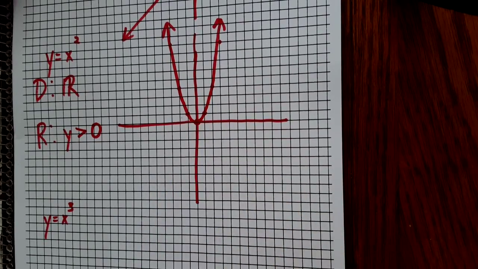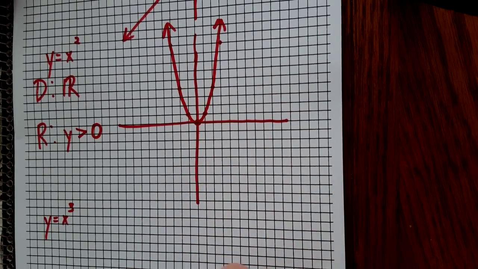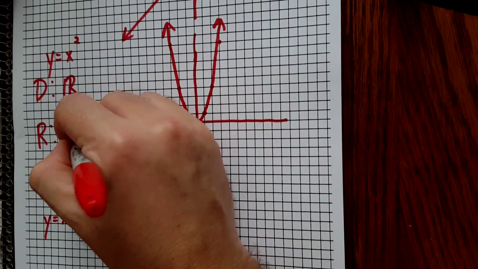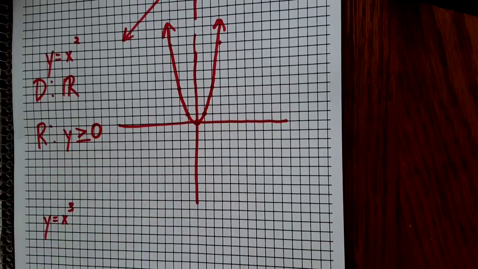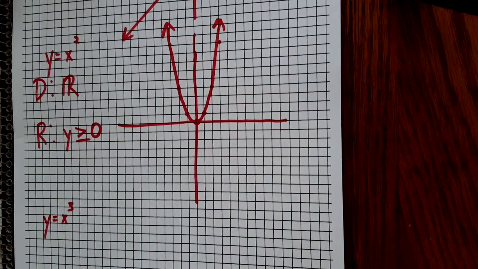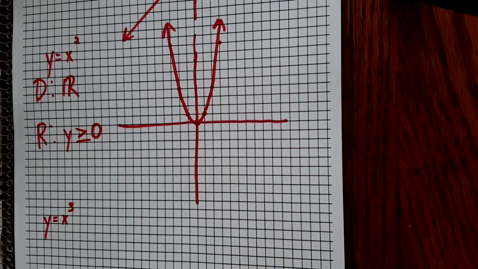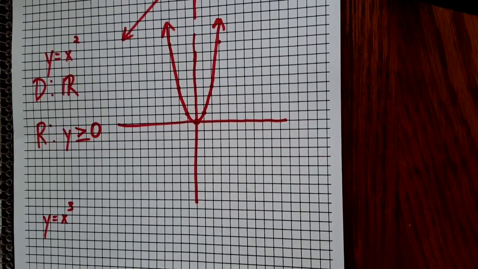It is going right through there. This is not a hole, it's just part of the graph. So since that's the case, I can make that greater than or equal to 0. So that's the domain and range of y equals x squared. And really, again, you just have to plot these graphs and you'll have them.